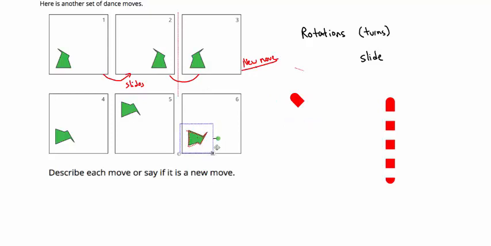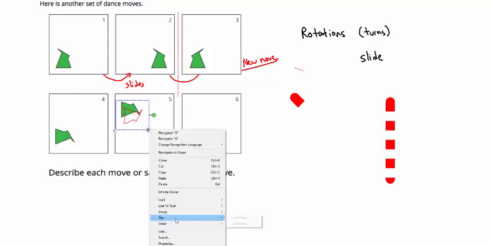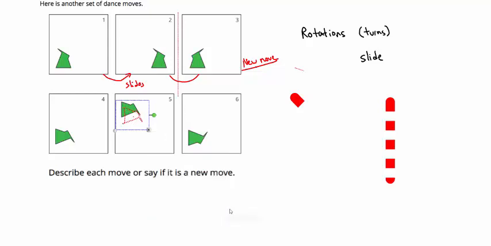It flips back over again. And from here to here, what is happening? There must be a combination of moves going on here.